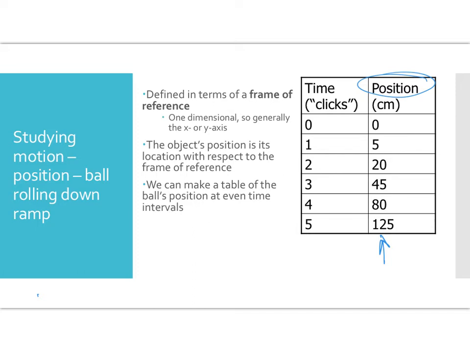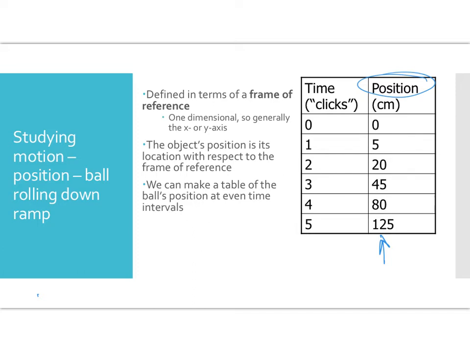You can just say, okay, this is where I'm going to say x equals 0. And in a particular direction, I'm going to measure from that x equals 0 and go from there, 5 centimeters away from that, 20 centimeters away from that, etc.